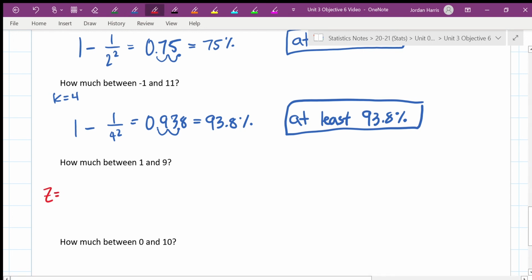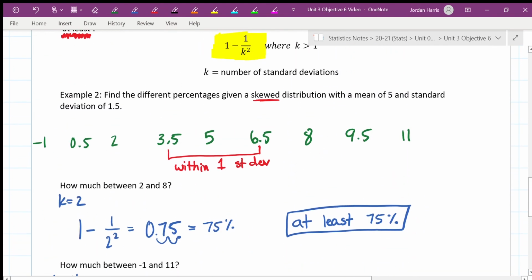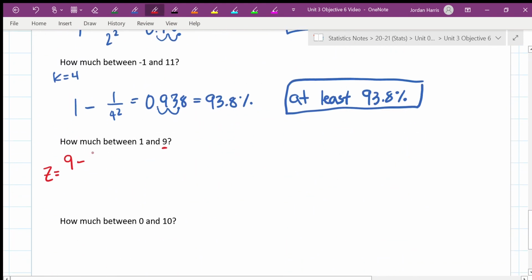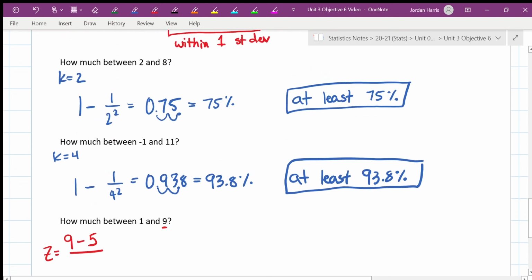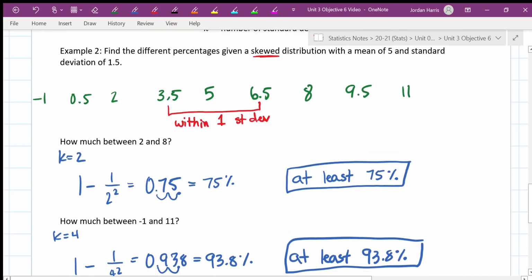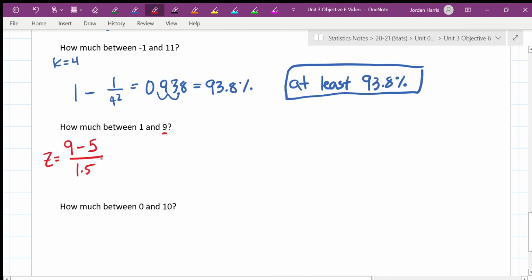You remember the z-score formula: x, your data point, I'm going to use the bigger one, minus the mean, which was 5, divided by the standard deviation, which was 1.5. It's a z-score, so I always round to the hundredths place. It's 2.67. If you used 1, when you subtract, you would get negative 2.67.